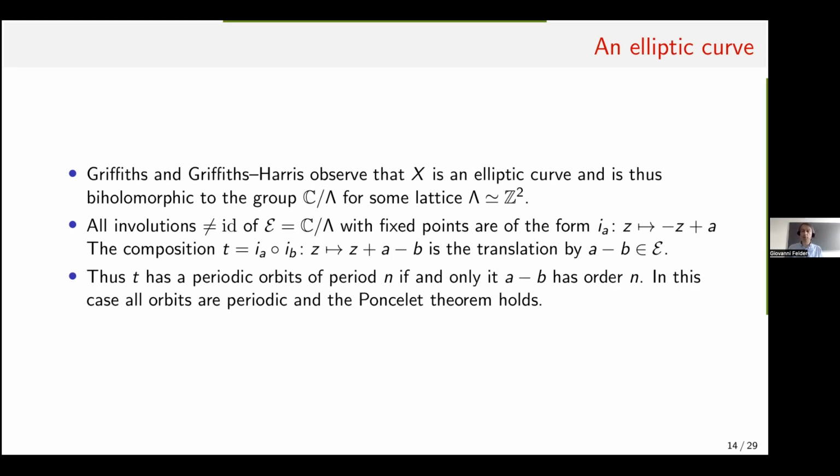It's an element of the group of order n. And in this case, all orbits are periodic, and the Poncelet theorem holds. So this is some kind of modern formulation of the Poncelet theorem. It doesn't give you a formula for when you have periodic orbits, but at least you have this. And Cayley gave some very explicit construction of when an element of an elliptic curve has order n.